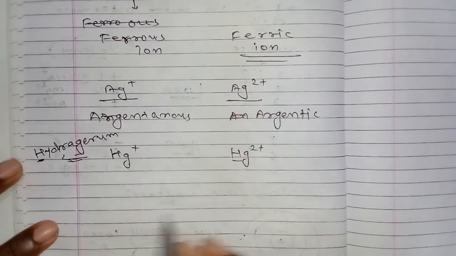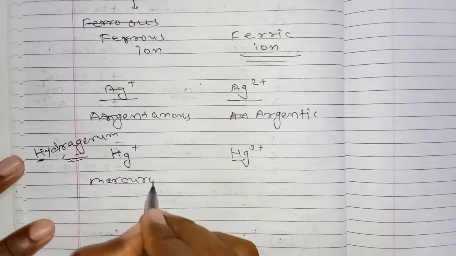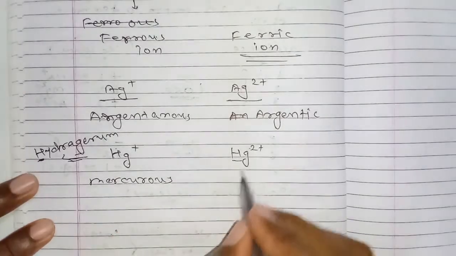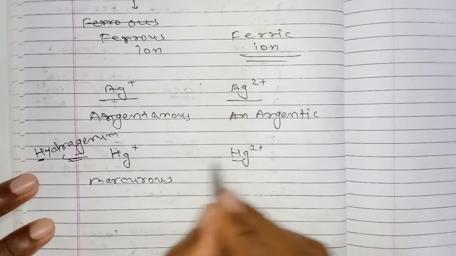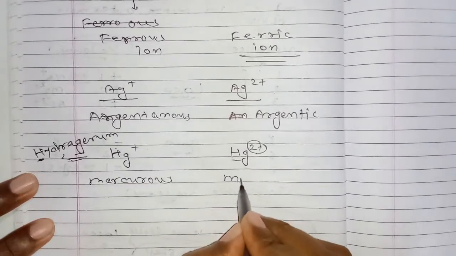Hg plus is mercurous, and Hg2 plus, the higher valency, is mercuric.